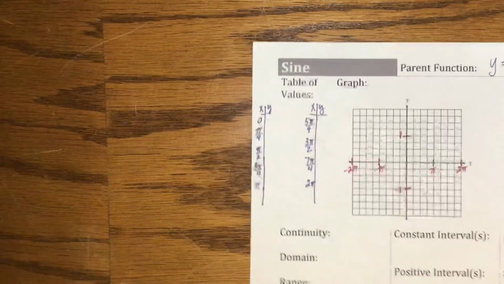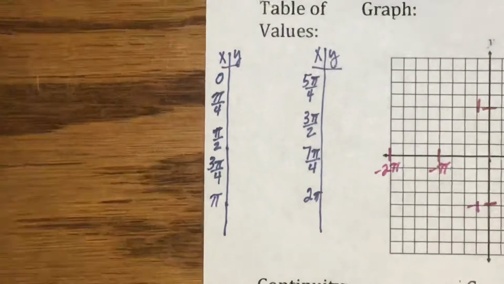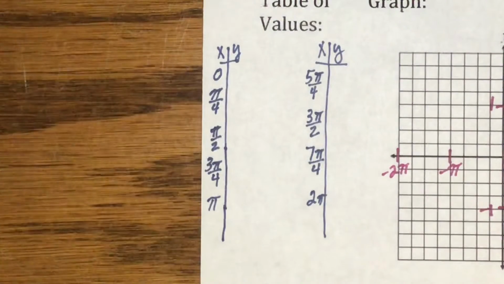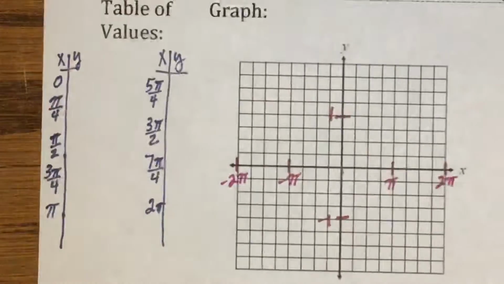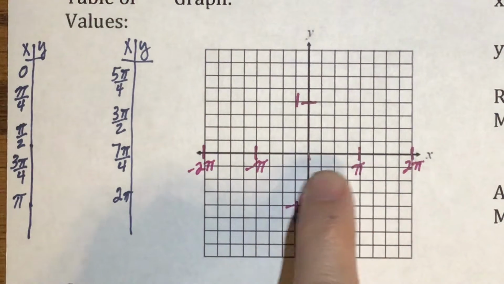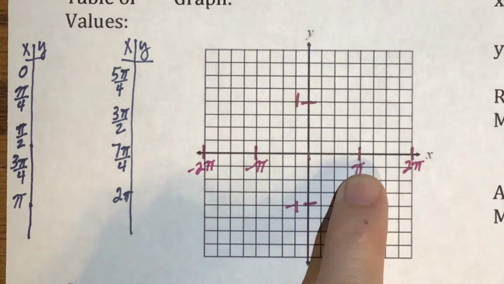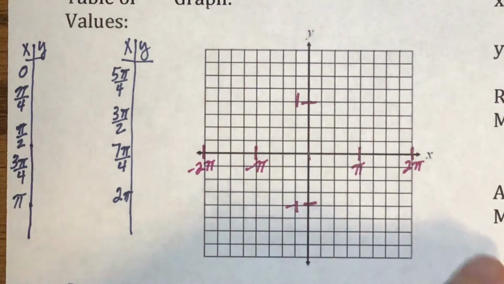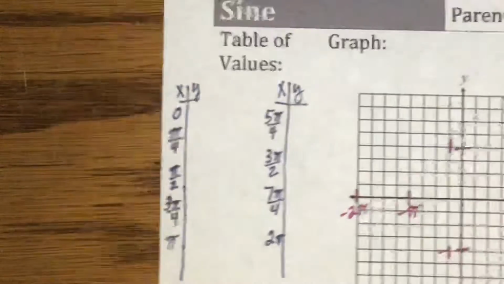Okay, now you can see on my table of values here, I've only done the multiples of pi over 4, because when I go to graph here, I split my pi into pi over 4, pi over 2, 3 pi over 4, pi. So I split my graph into chunks of pi. So graphing pi over 3, pi over 6 is going to be kind of a pain, so we're just not going to do it. They're still going to get graphed, we're just not specifically going to plot those points.